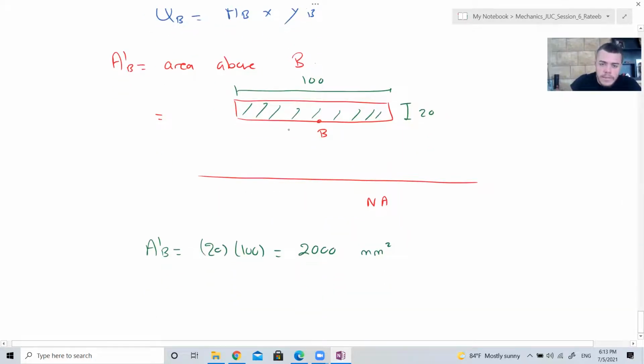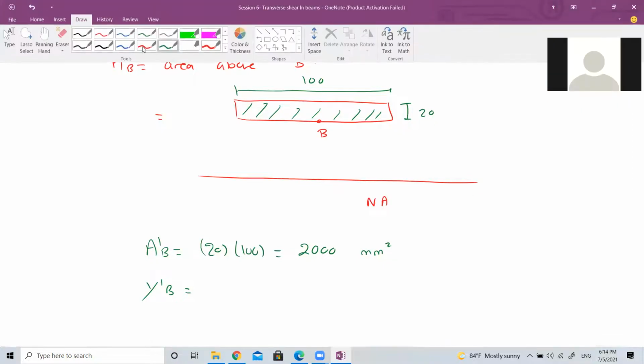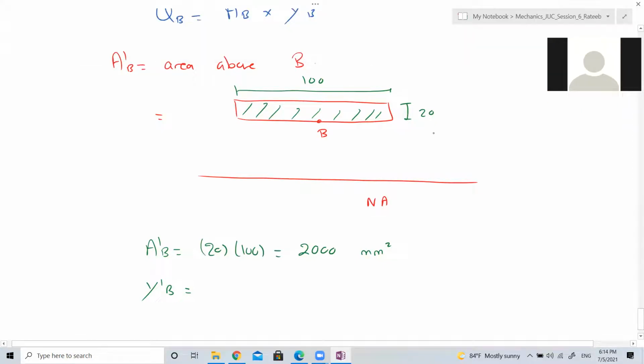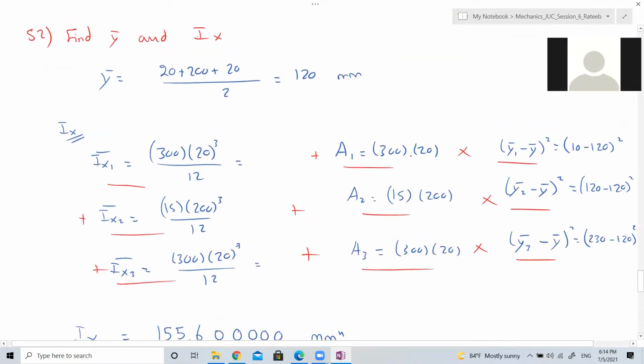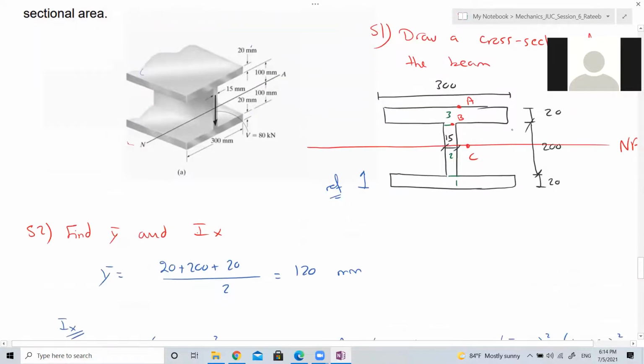What is Y prime B? It's 10 plus the head distance. Let's see what the head distance is. It's 100, from here to here.